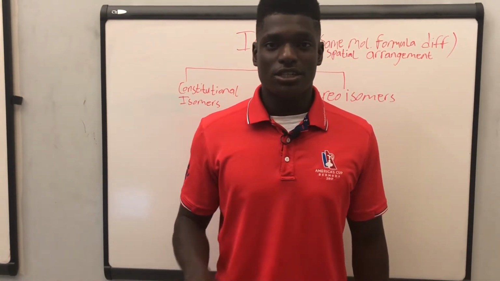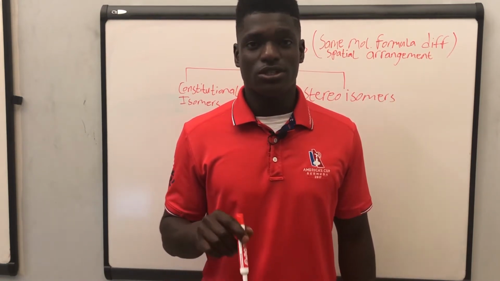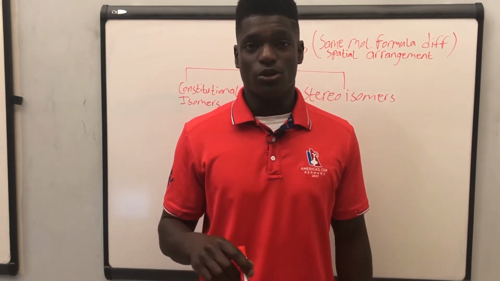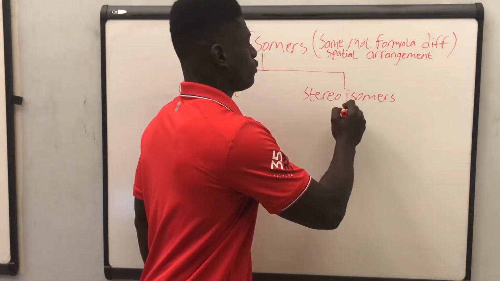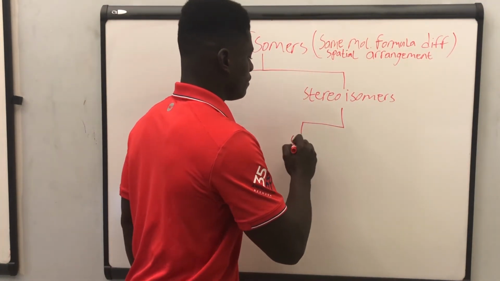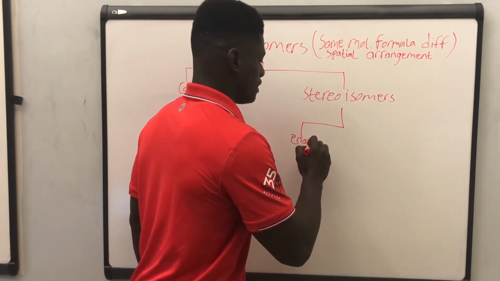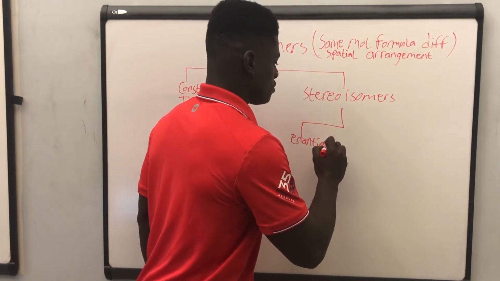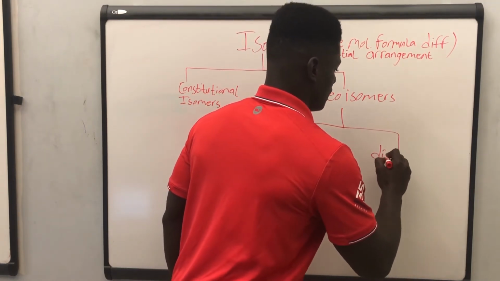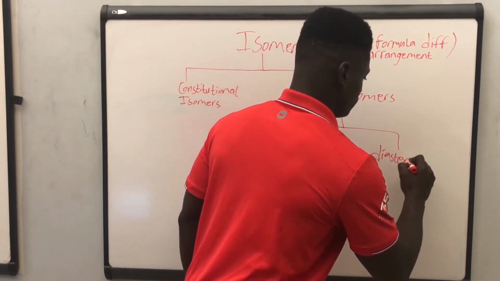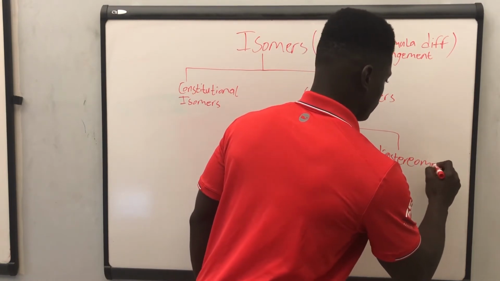So now let's get started. We're going to dive straight in to discuss how we can tell if a molecule is an enantiomer or a diastereomer, and these both fall under the category of stereoisomers. So we have enantiomers, and then we have diastereomers.